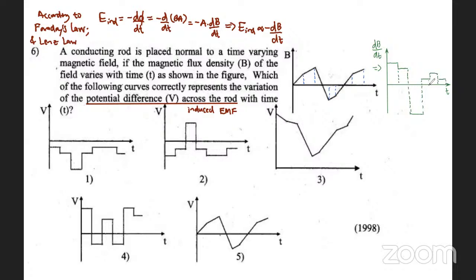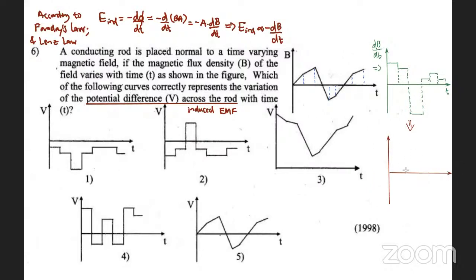So if you want to plot the graph for dB by dt, when they have given you the B versus T graph, it is like converting a displacement time graph to a velocity time graph, people. You know how to convert it to a velocity time graph: the gradient of B, the rate of change of B over T. But this is not the answer. What should I do? I should draw the negative of this and consider that as my answer, because induced EMF does not depend on dB over dt, but rather on minus dB over dt.